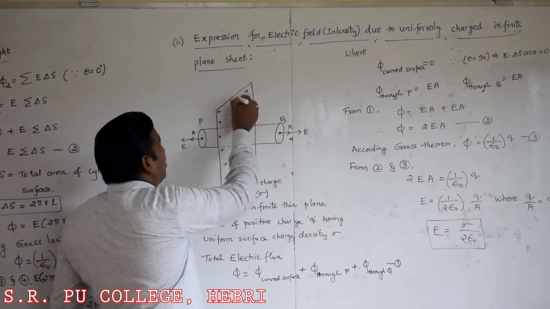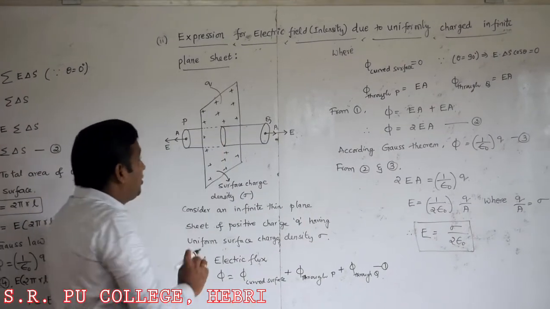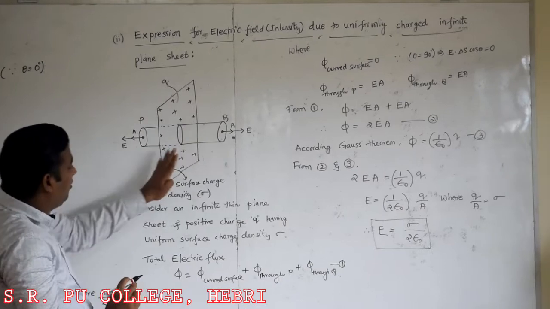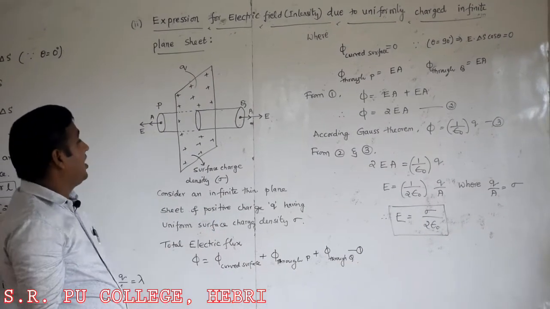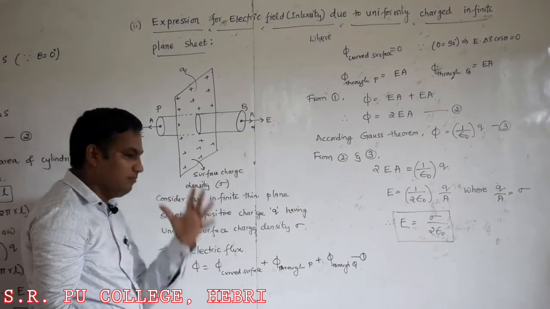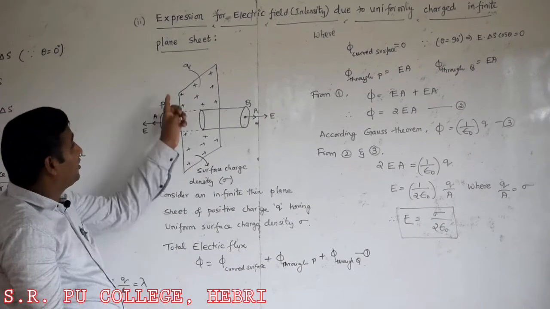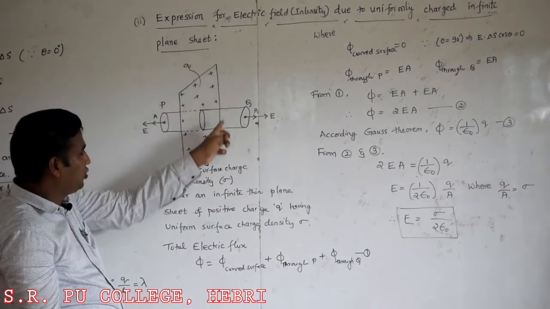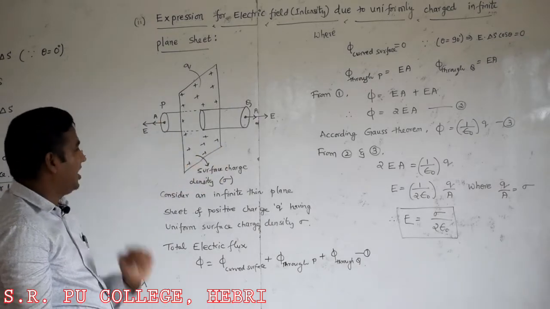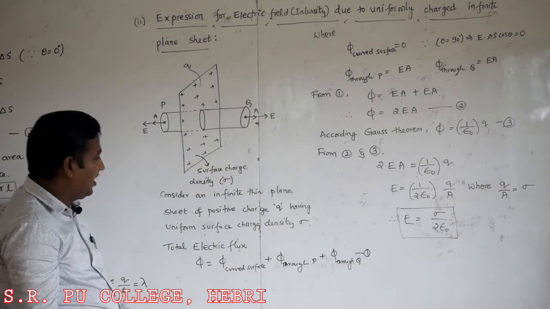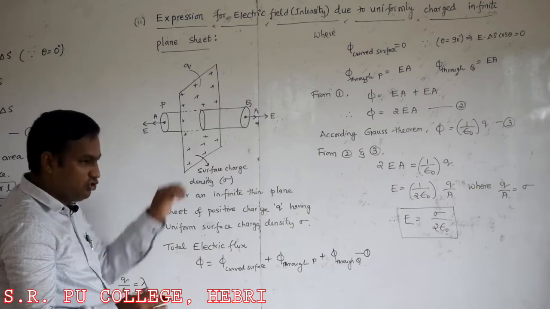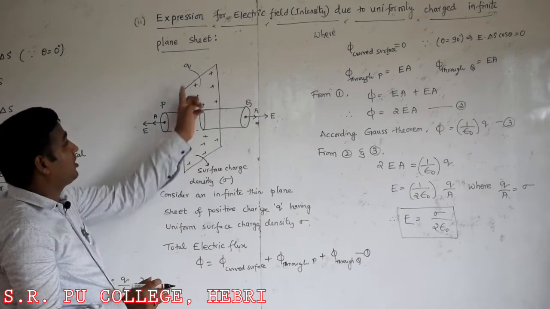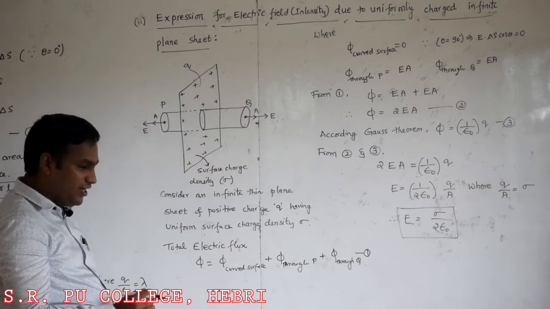Q is the positive charge distributed uniformly on this plane sheet, and the surface charge density of the plane sheet is sigma. The diagram is like this. We consider a uniformly, positively charged plane sheet whose thickness is negligibly small, that's why we call it a thin plane sheet, and the distribution of charge is uniform on the surface.